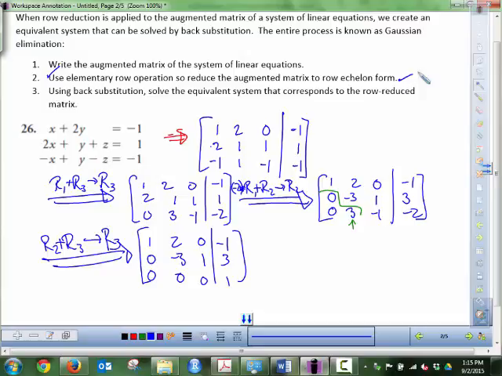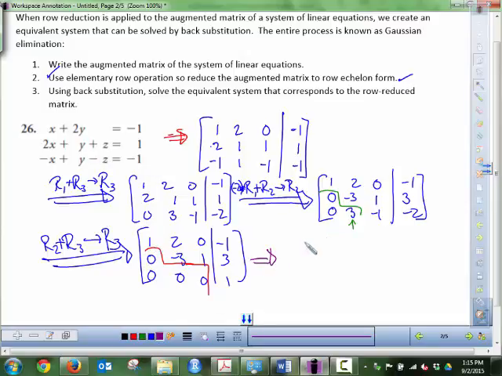And now what do we have? All right, well, I think this is in row echelon form. So according to the instructions, we'll use back substitution. So before we do use back substitution, we need to rewrite this back into our system.